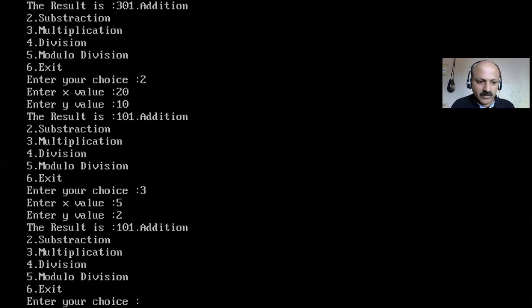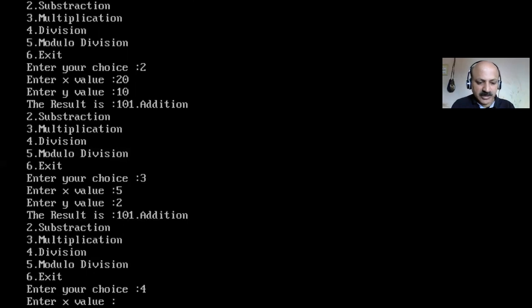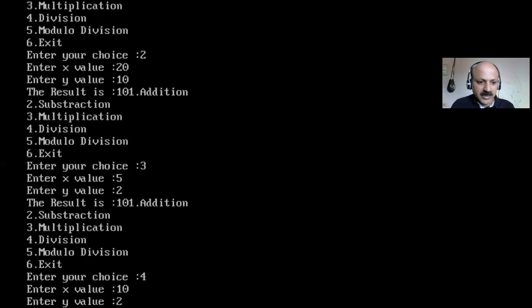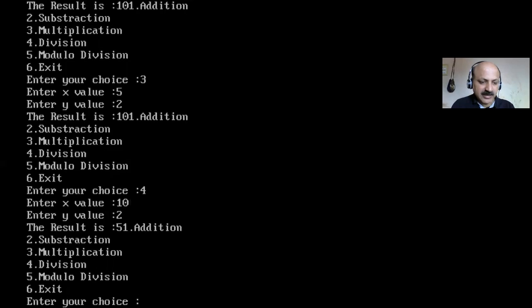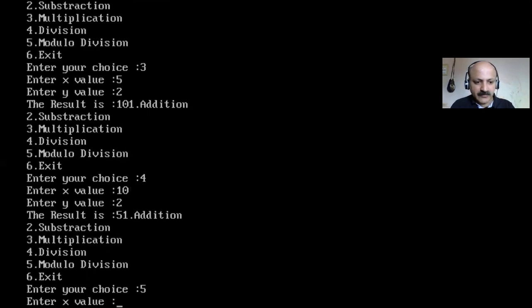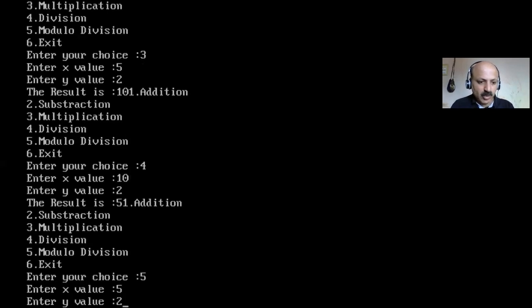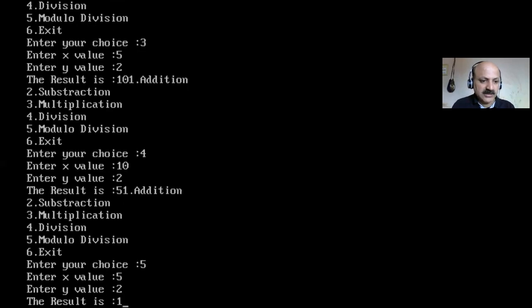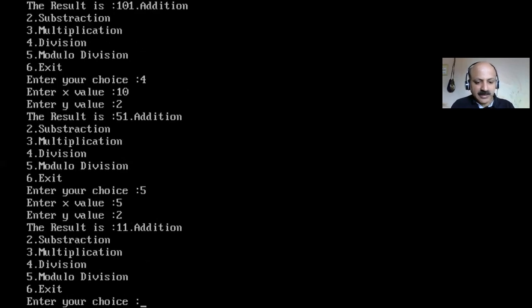Now I give the fourth choice, which is division. We can divide like 10 by 2, so 5 is the answer, and press enter. Again the menu appears, choice 5 is modulo division, and here take 5 modulo 2, so the remainder is 1, and press enter. Before 6, we can take 9 to check whether the default block works or not.